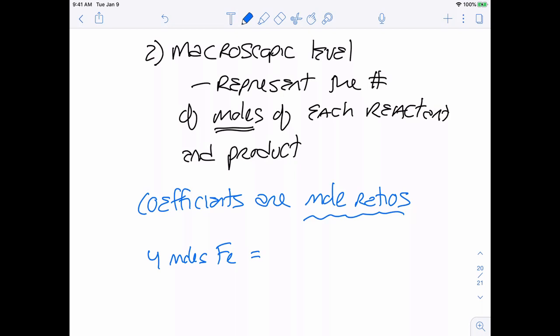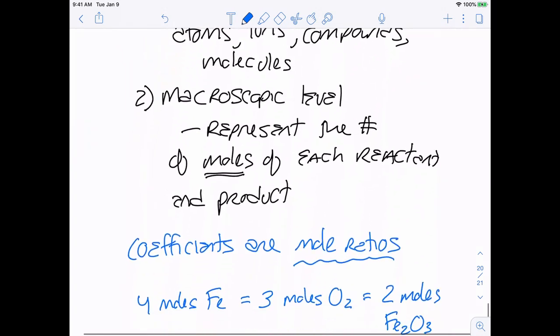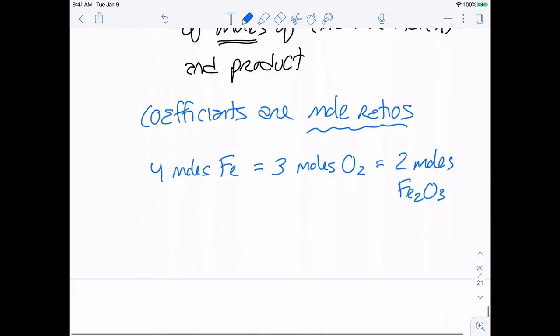For my reaction to occur, for every 4 moles of iron, I need 3 moles of oxygen, and then that's going to produce 2 moles, didn't leave myself enough room here, of iron 3 oxide, right? I'm thinking of those as ratios. So if I wanted to convert from one to the other, I can actually just use these coefficients as ratios. Right, my 4, my 3, and my 2. I'm just double checking that I copied them down right.